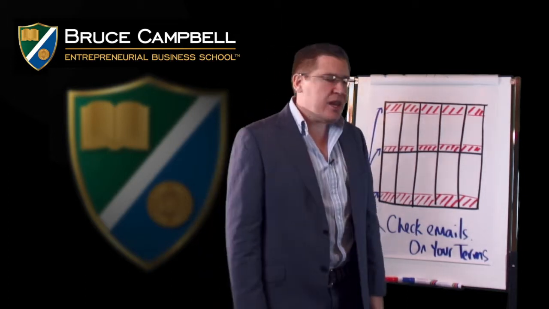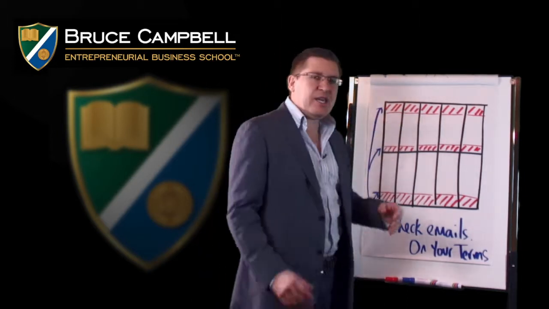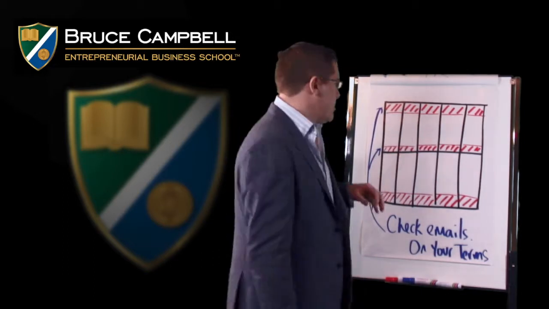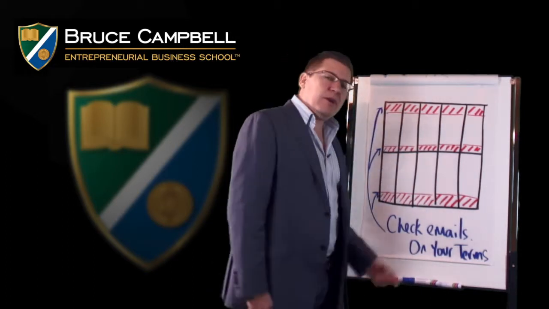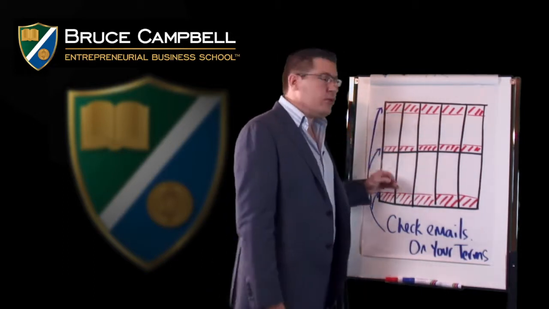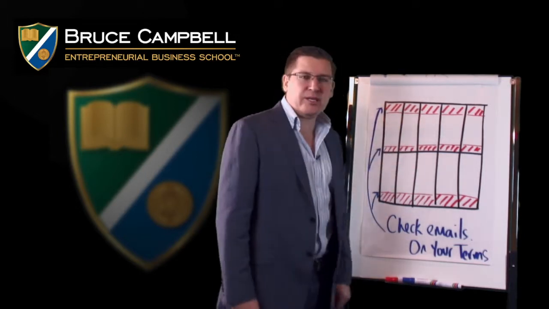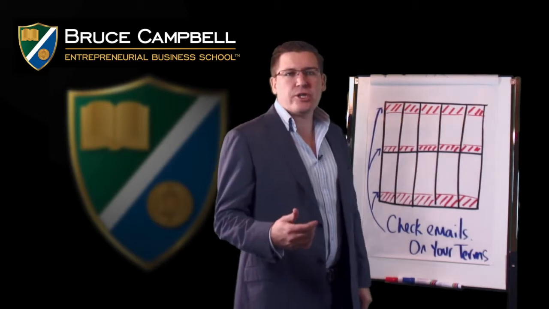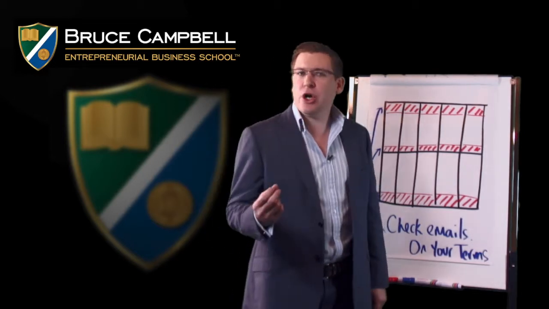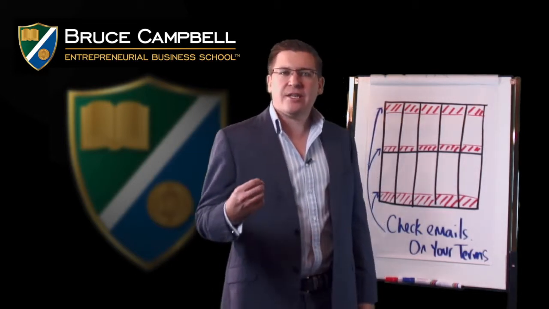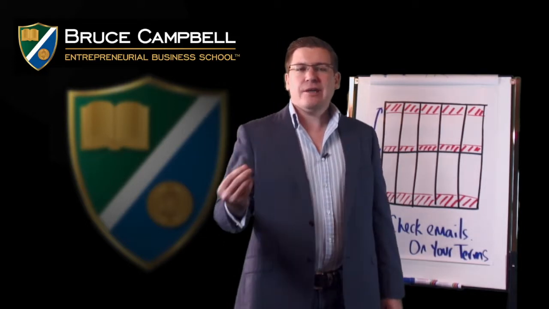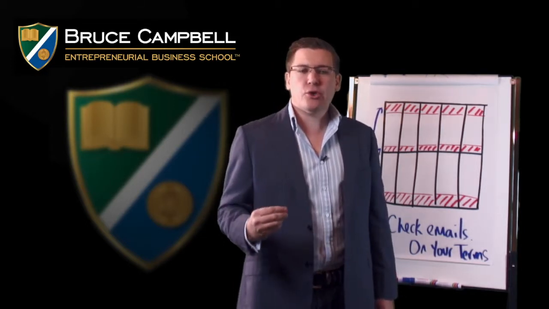So rather than having it open the whole day and it come in and disrupt him, we said, righto, we're going to check it first thing in the morning, just before lunch and just before I leave. So potentially it's going to be closed off in these blank spaces. So my question to you is, how could you default your time so that you don't let mail disrupt you from what you need to do?